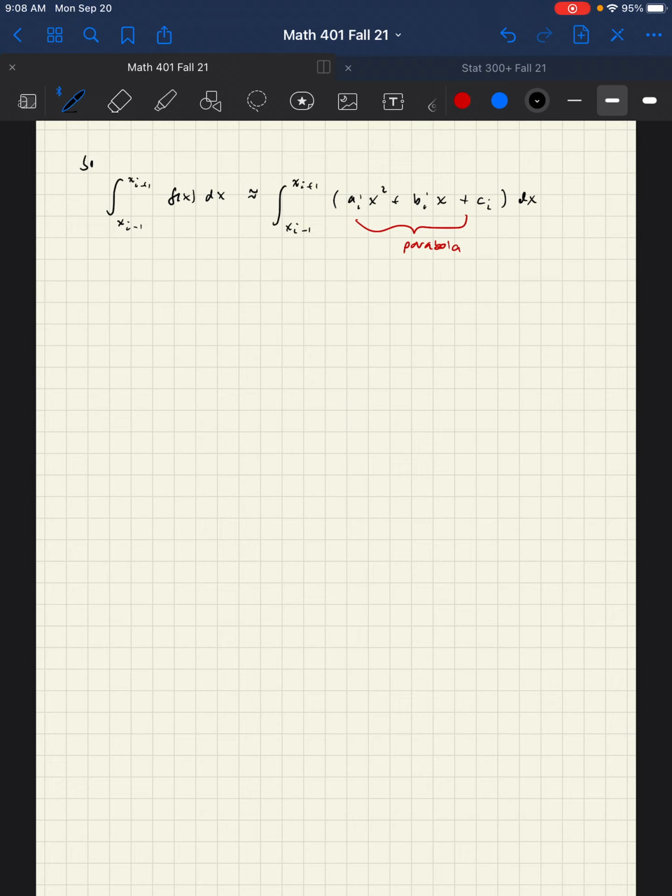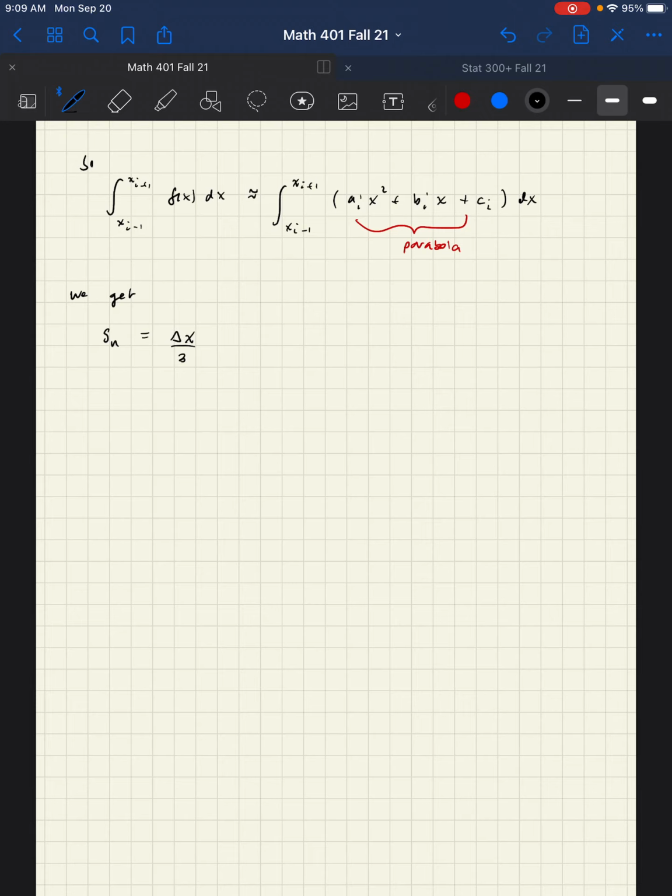And the actual task of finding these values, a sub i, b sub i, c sub i, is laborious, tedious, very detail heavy. Rather than waste your time by going through the whole derivation, there is just a very cool observation that a pattern emerges by sheer nature of the fact that we've picked equally spaced values of x sub i.